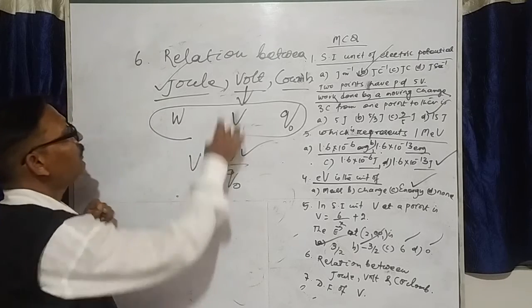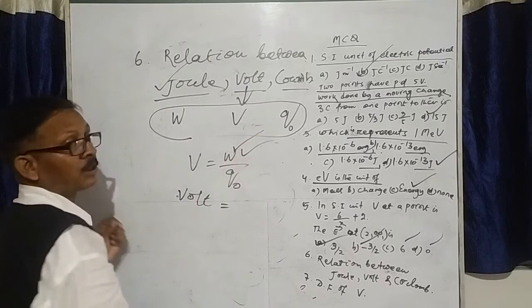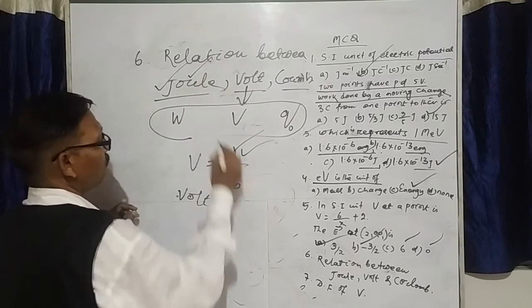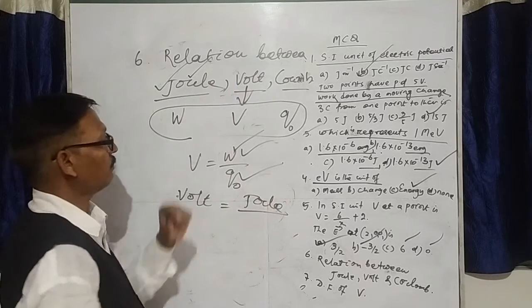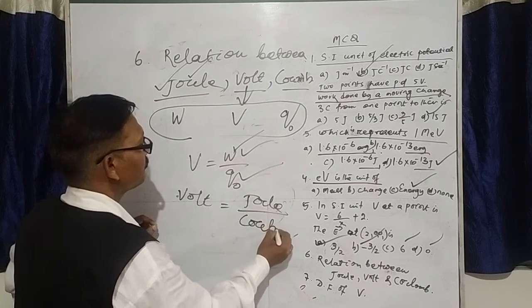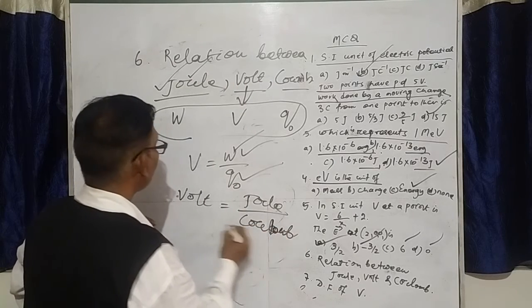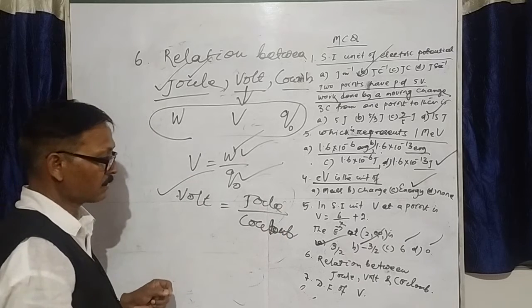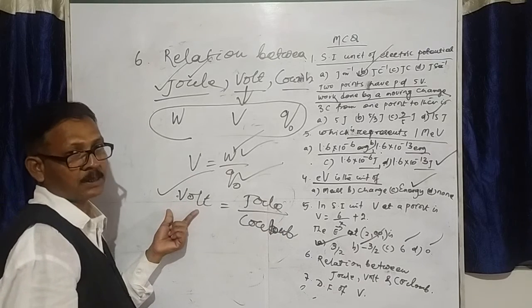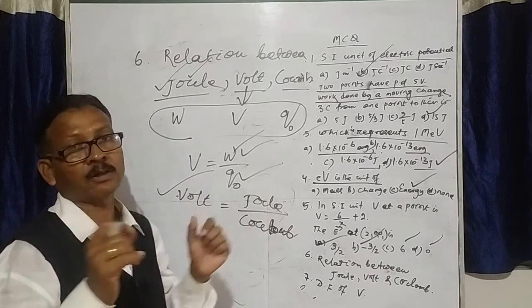So for V you write volt, for W you write joule, for Q you write coulomb. Okay, so you see volt is equal to joule per coulomb. The choices given are A, B, C, D. Which one is volt equal to joule by coulomb? That is your correct answer.